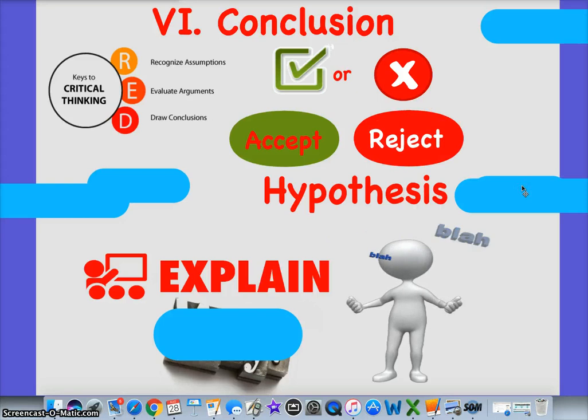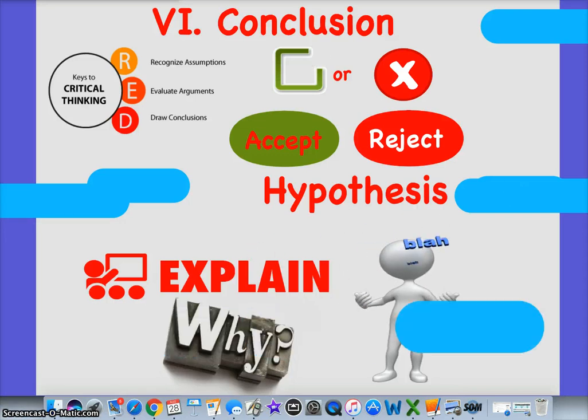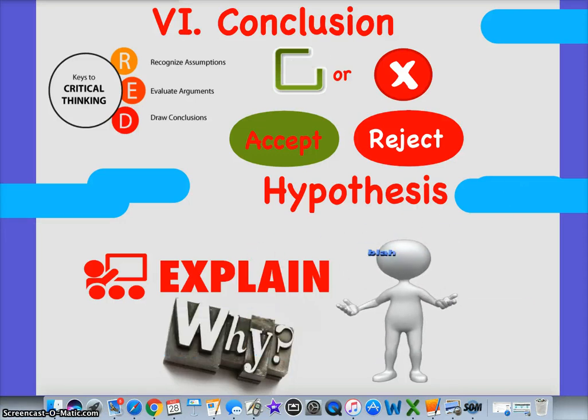In conclusion, my hypothesis was correct. Blank, blank, blank, blank, blank. In conclusion, my hypothesis was incorrect. And then you're going to explain why. Why was your hypothesis correct? Why was it incorrect? Here's what you're not going to explain.